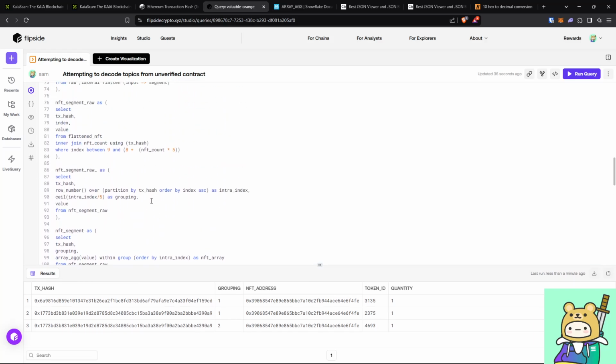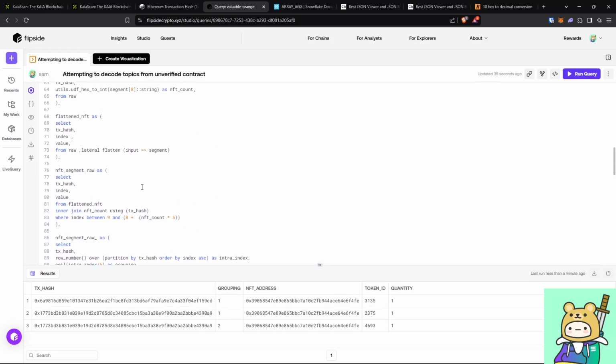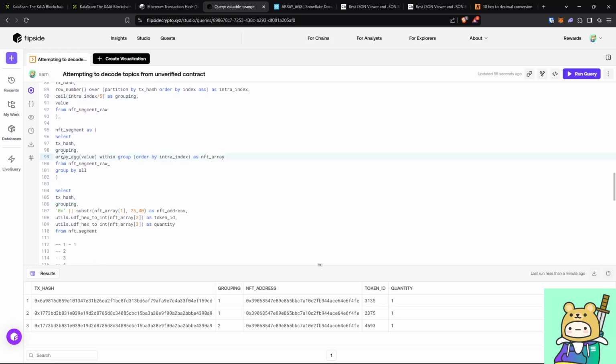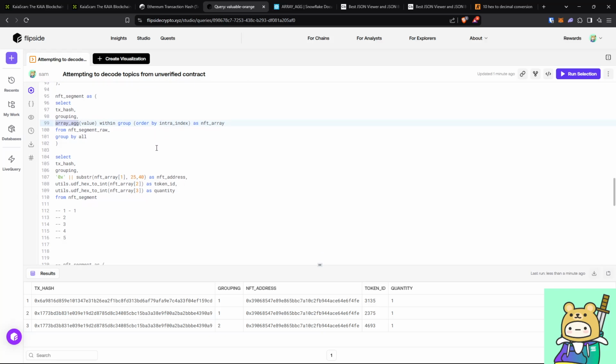First we have to flatten the segment to be able to get the index, and then filter for the index, and then apply this divide by 5 ceiling to make groups of 5, and finally array aggregate to put everything in an array based on their group, so that we can do very simple conversions like this.